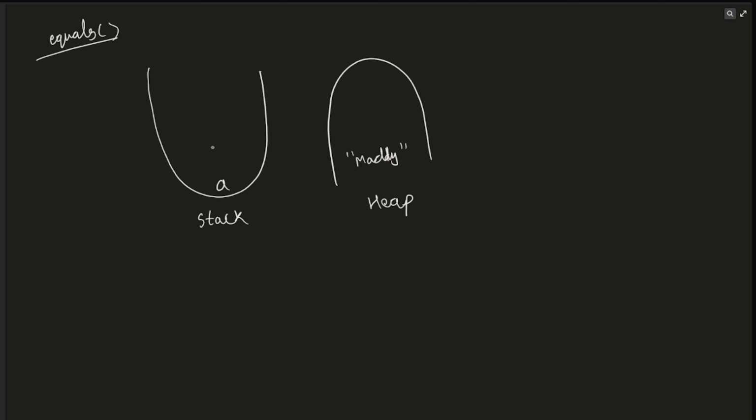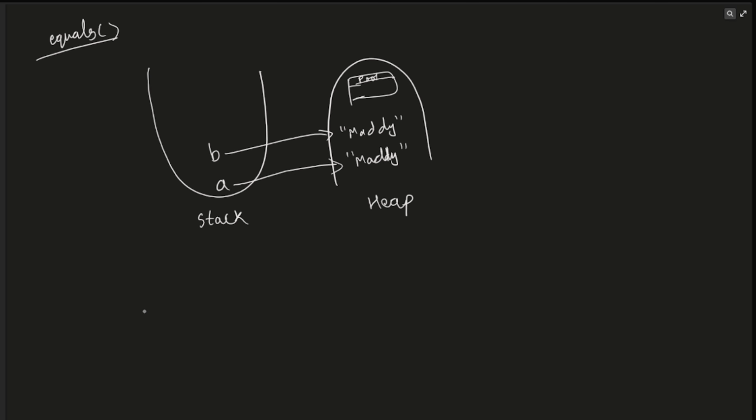We will have one more string declaration with reference variable B and an object Maddie. And these two variables are created using a new keyword, so the objects are created outside the string pool. Pool is here and objects are created outside the pool. And A will point to its respective object, B will point to its respective object.